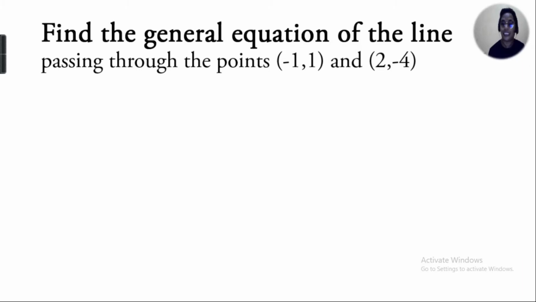The next condition, a line that passes through the points negative 1, 1, and 2, negative 4. In this condition, we have 2 points. So we have point 1, negative 1, 1, point 2, 2, and negative 4.